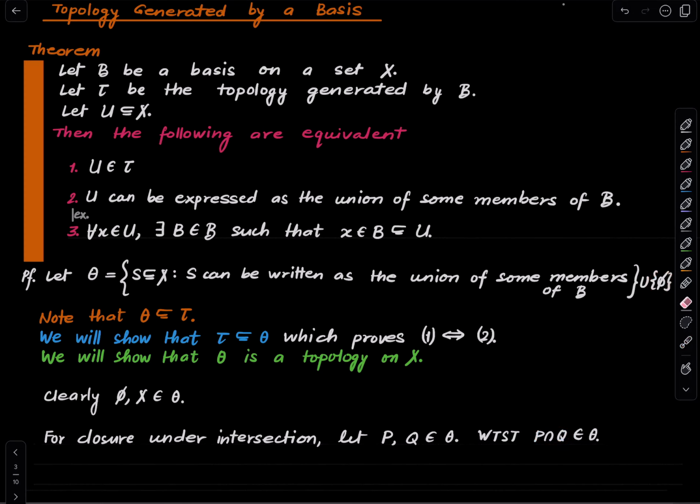Now, by definition of theta, P can be written as the union of some of the members of B. So say P is the union of A alphas, where each A alpha is in the basis, and Q is the union of B betas, where each B beta is in the basis.